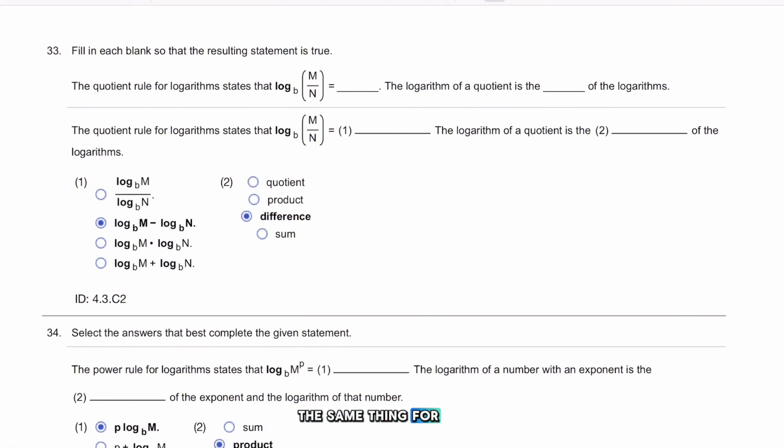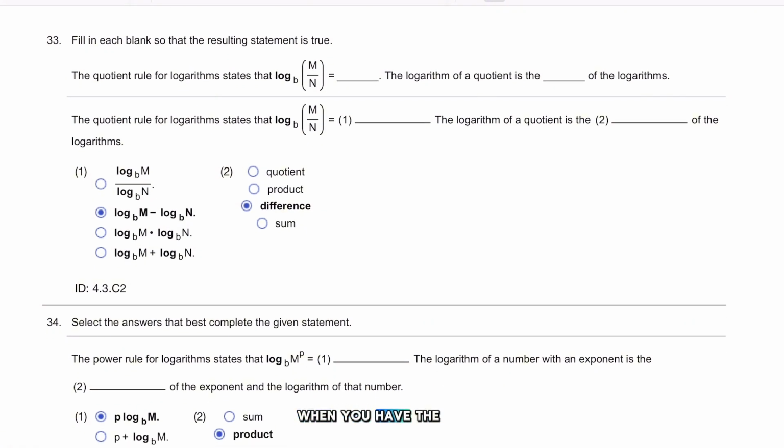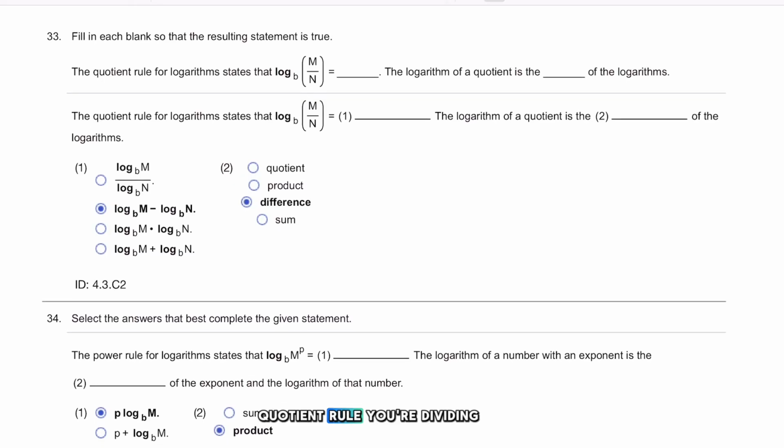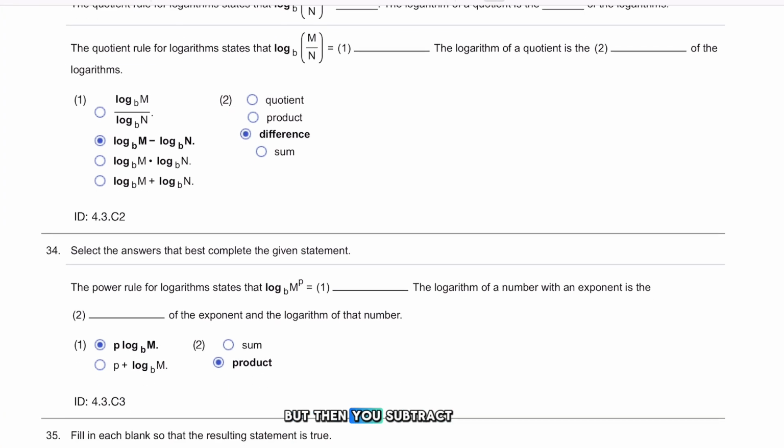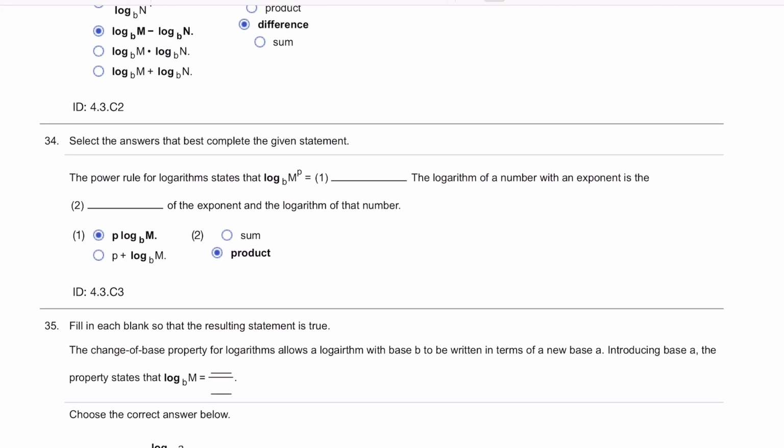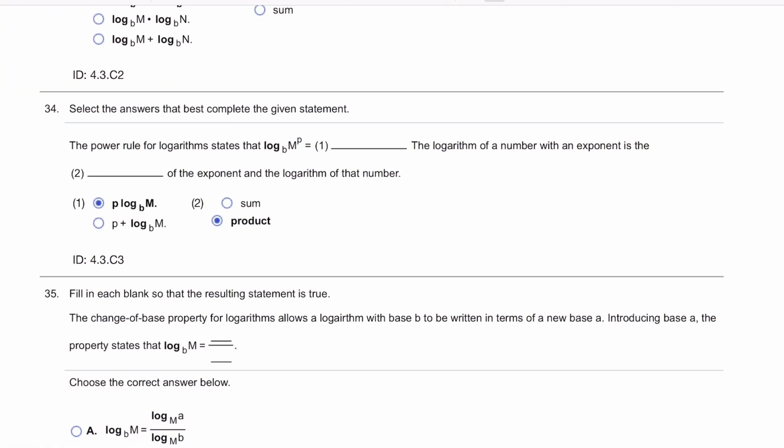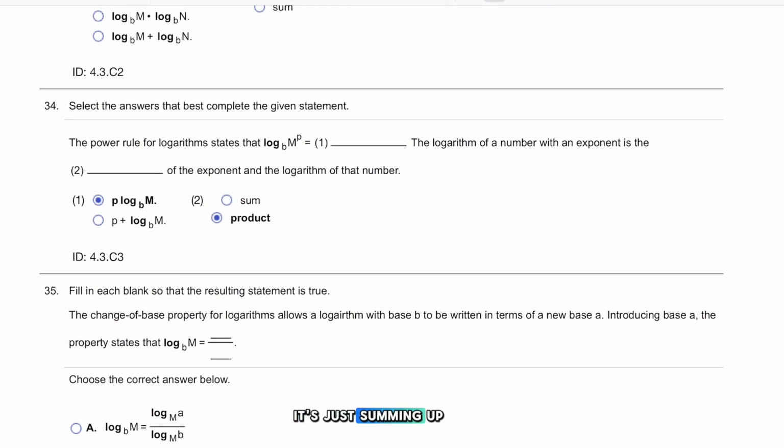The same thing for when you have the quotient rule. You're dividing, but then you subtract, which is the difference. Then the power rule. It's just summing up the properties. Then you have the change of base property.